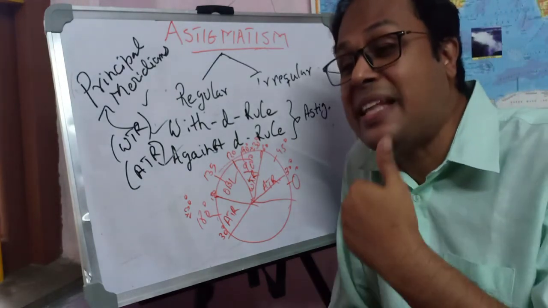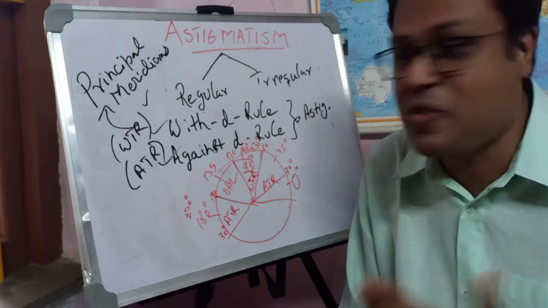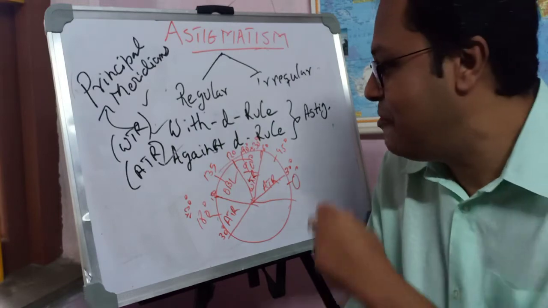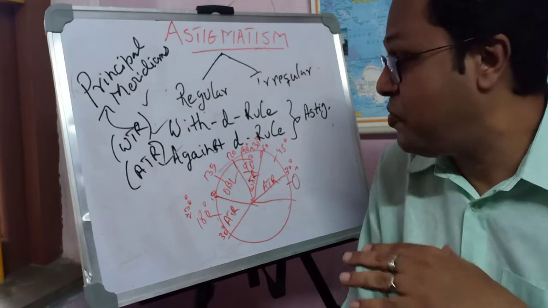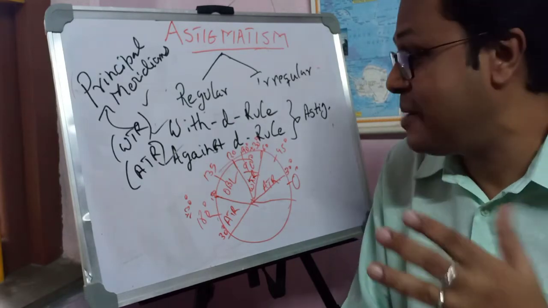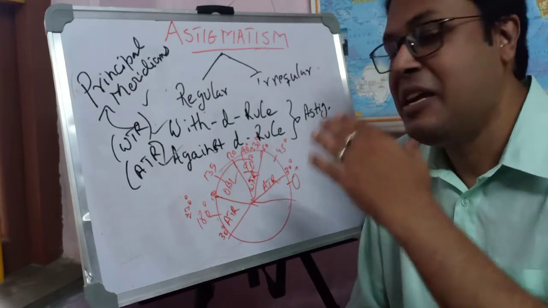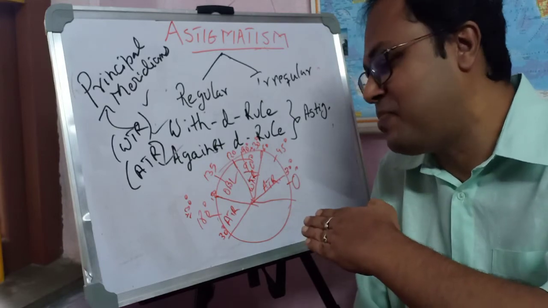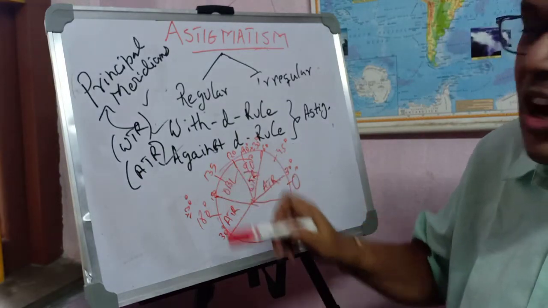But if you see a 20-year-old who has some amount of astigmatism, chances are that the boy or girl will have with the rule astigmatism. So you find more with the rule astigmatism at young age, and in old age patients you find more against the rule astigmatism. Oblique astigmatism is when your astigmatism is going from with the rule towards against the rule, and that is when you find oblique astigmatism.